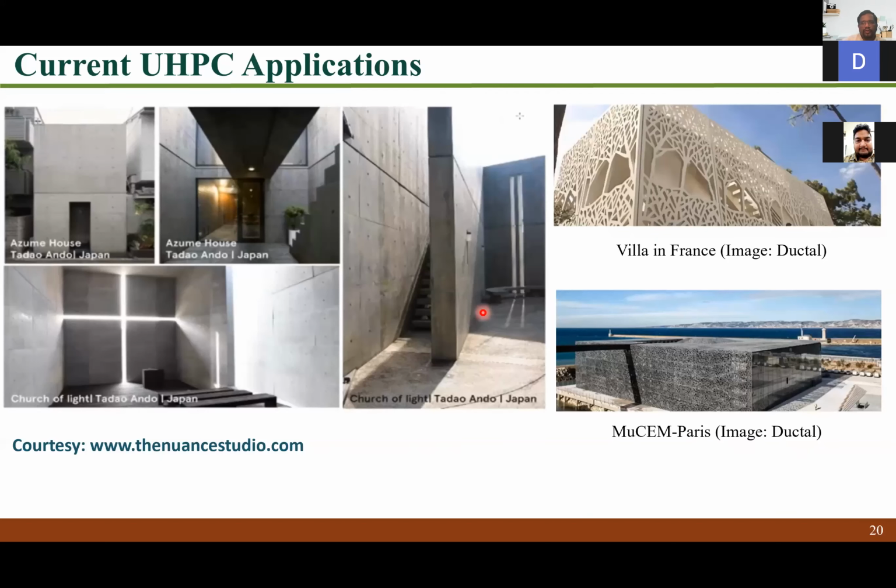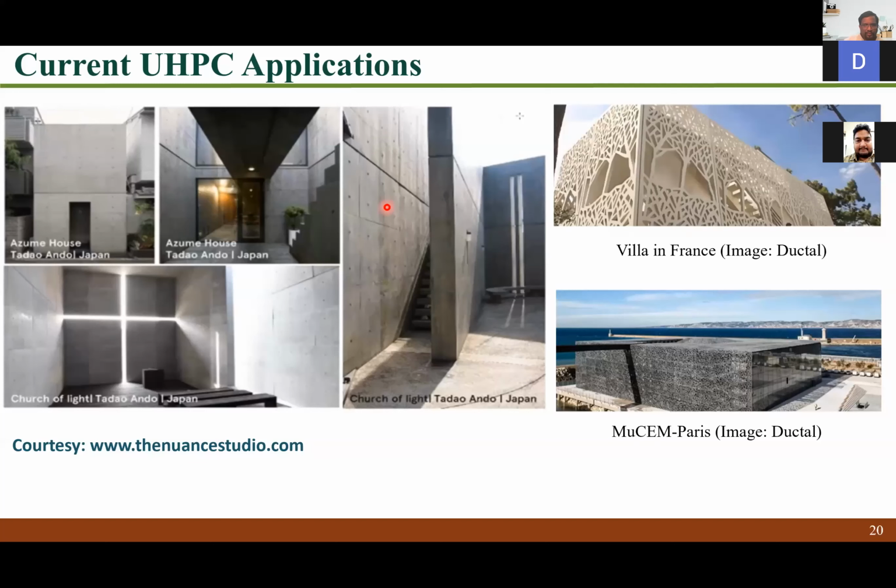Now let us also look at the various applications. As you can see here, it's now very common to go for exposed concrete so that you don't really need painting. You can achieve this when you go for ultra high performance concrete, and these are some of the locations, like the Church of Light in Japan.